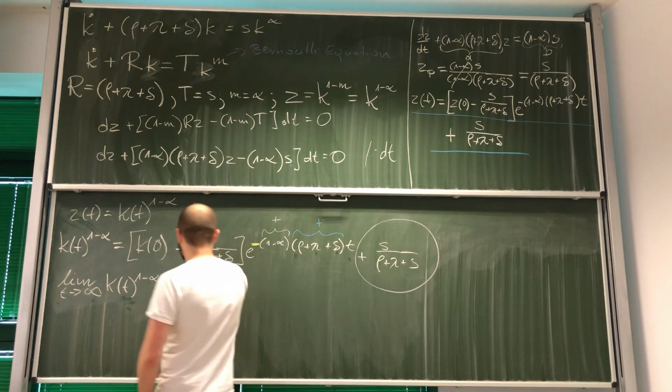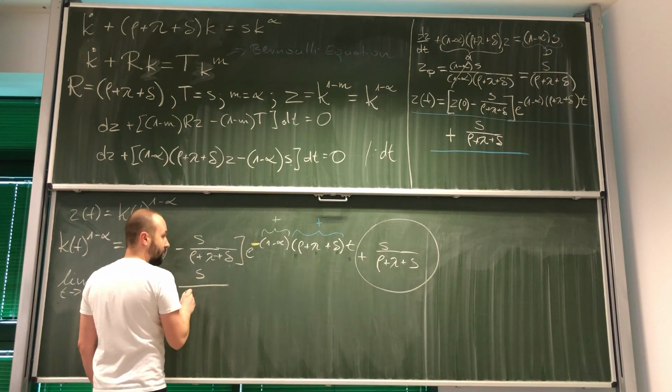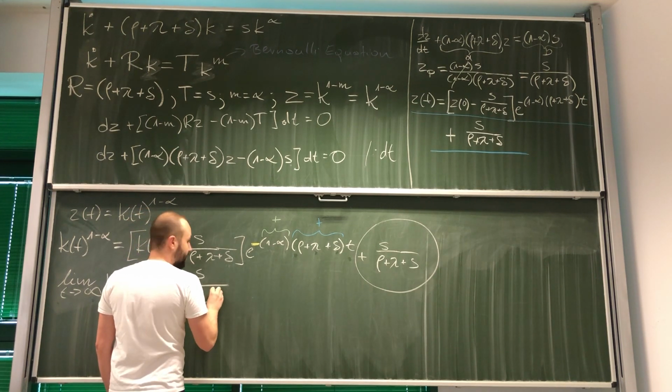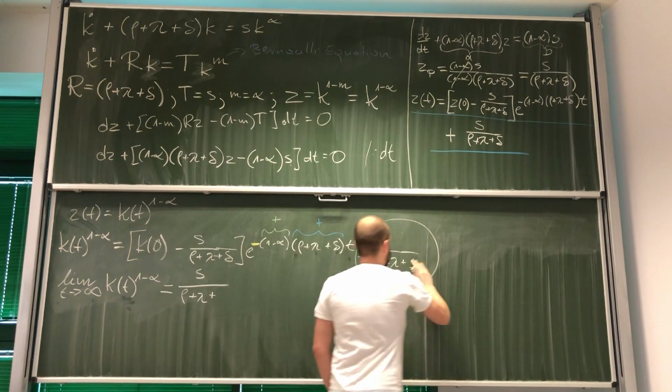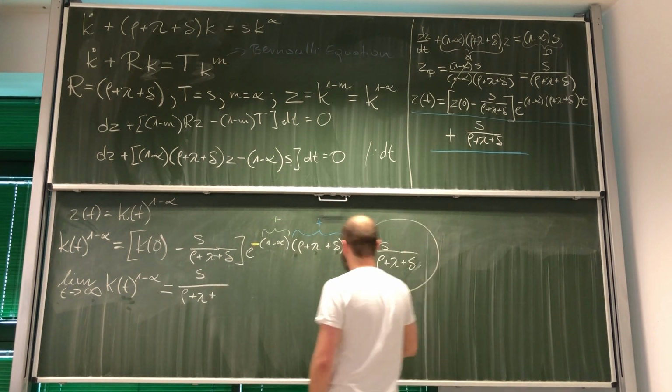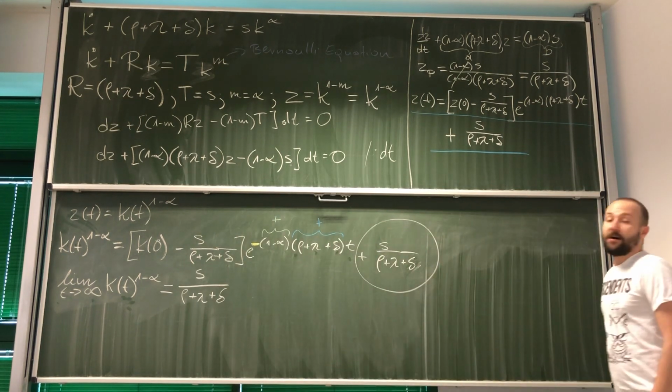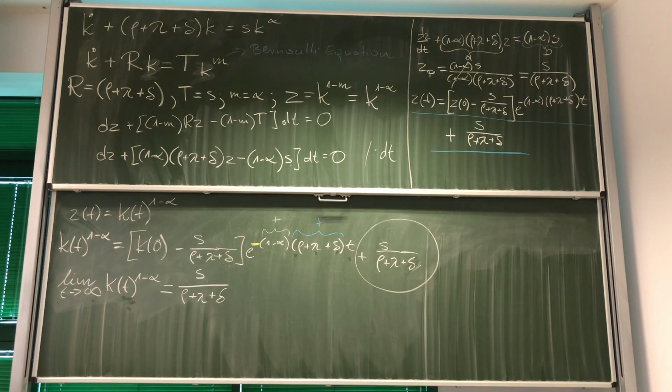So this is s over rho plus lambda plus delta. Okay, and look, so we are almost ready to get the steady state level of capital. What would it be?